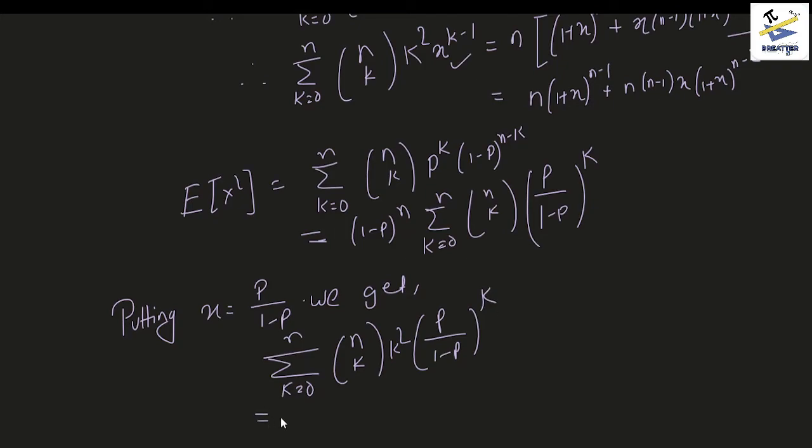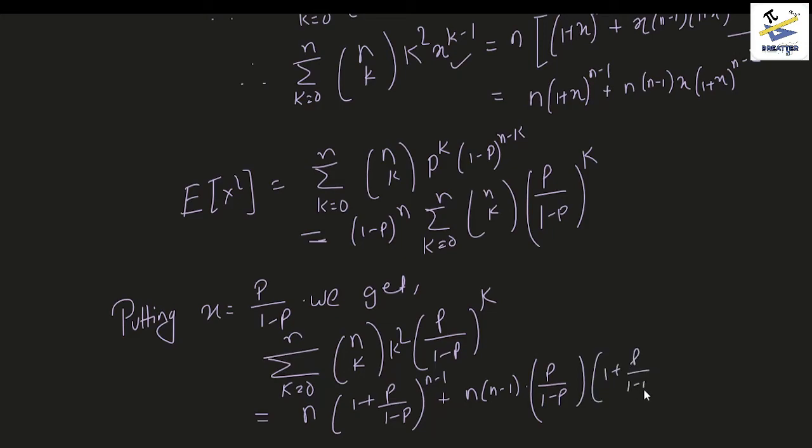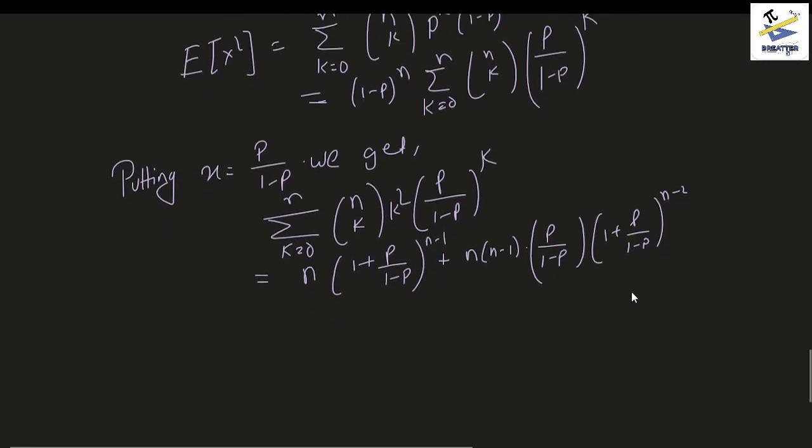This would be equal to n into (1 plus p by 1 minus p) to the power n minus 1, plus n into n minus 1 into p by 1 minus p into (1 plus p by 1 minus p) to the power n minus 2, right? Let us simplify this a bit further.